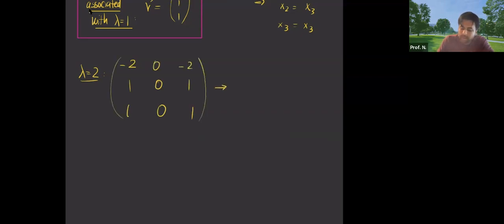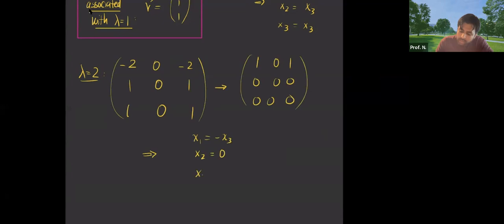What do you notice when I find a row reduced echelon form? I just get 1, 0, 1, 0, 0, 0, 0, 0, 0. I got one pivot variable with two free variables. This is good news because that shows me I got x1 equaling -x3. I got x2 unknown, it is a free variable. x3 is also free.